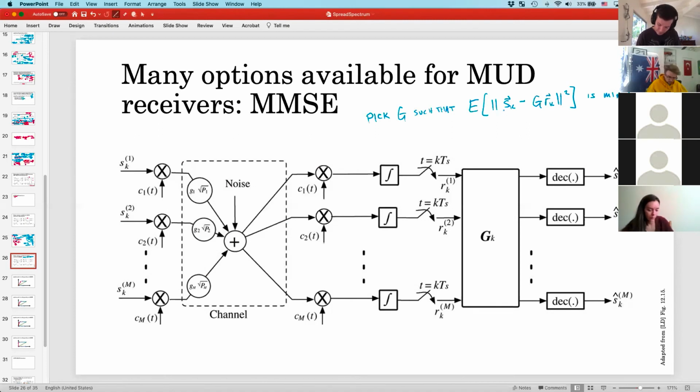This is going to be the error, and it's going to be a vector. And of course, the error is what we should have minus what we actually have, so this is, in some sense, the truth minus our guess.